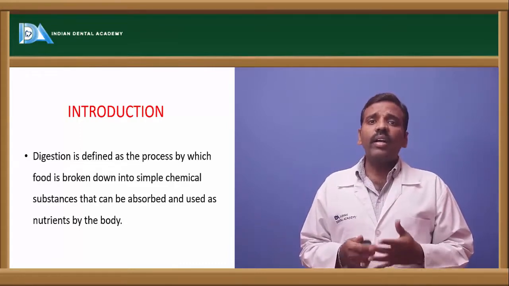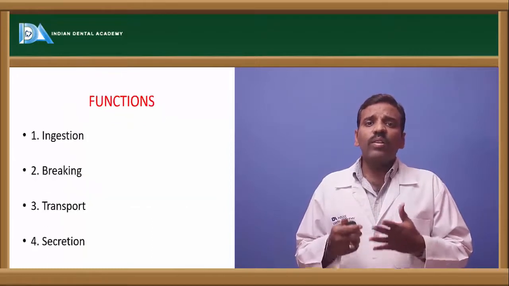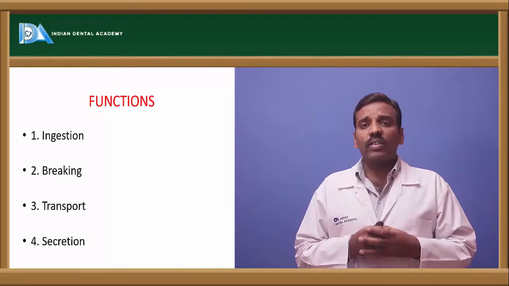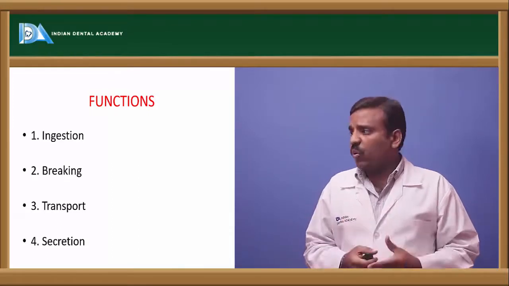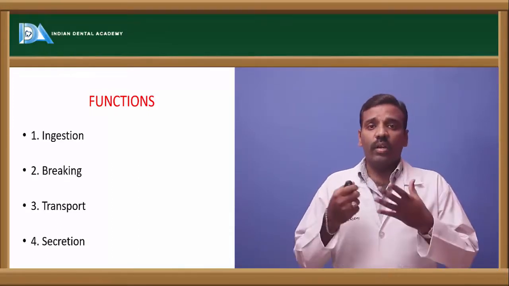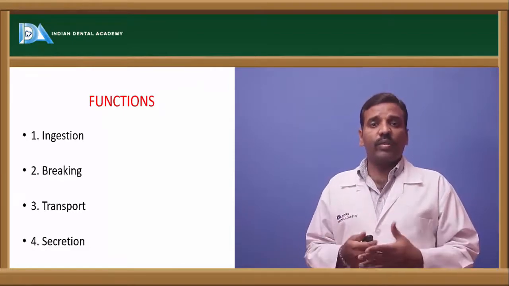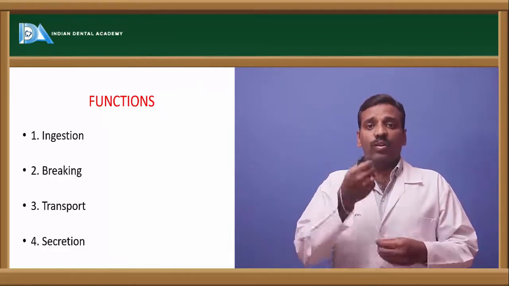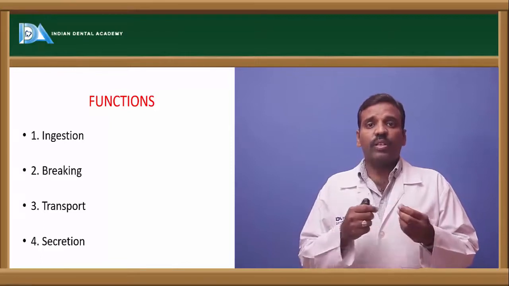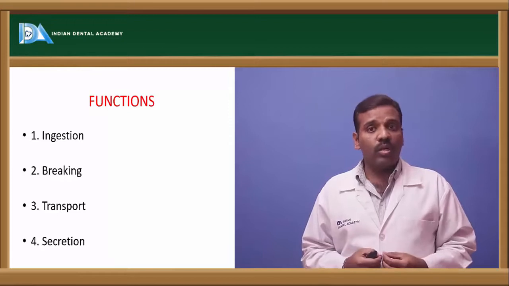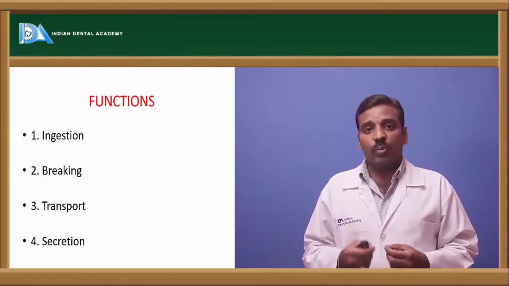Next, what are the functions of this system? We have ingestion, breaking down, and the transportation of the nutritive substances that we take in. Next is secretion of the hormones, which takes part in the digestion process.